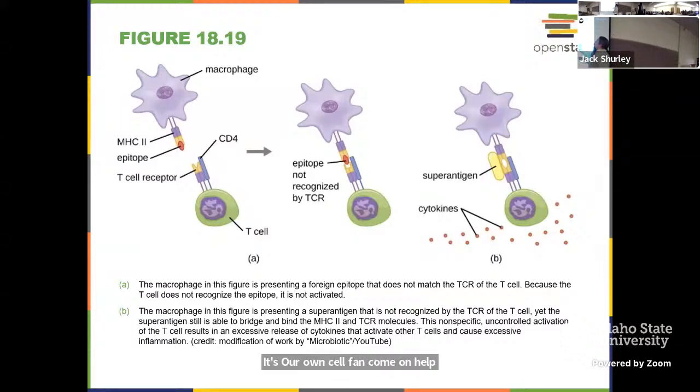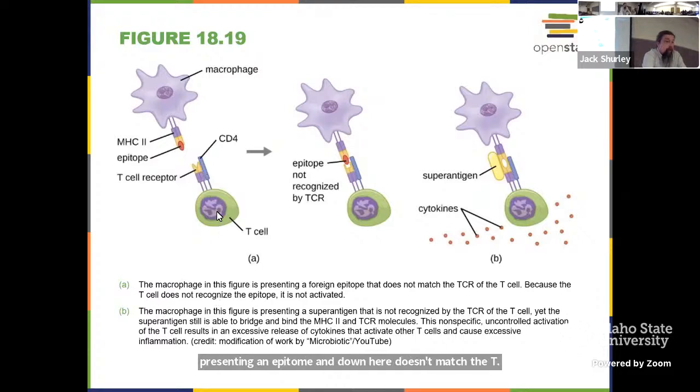So here we've got the purple up at the top is a macrophage that's doing the presentation instead of the dendritic cell. So it's presenting an epitope, and down here doesn't match the T cell receptor. And so in this case, the first bit is not activated, all right?